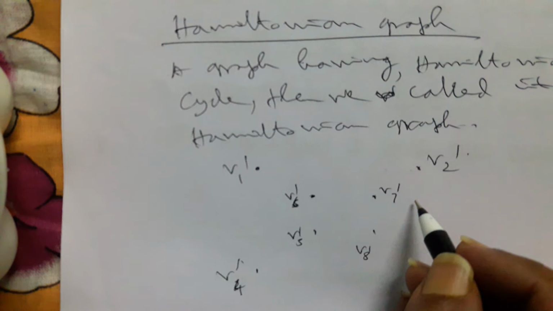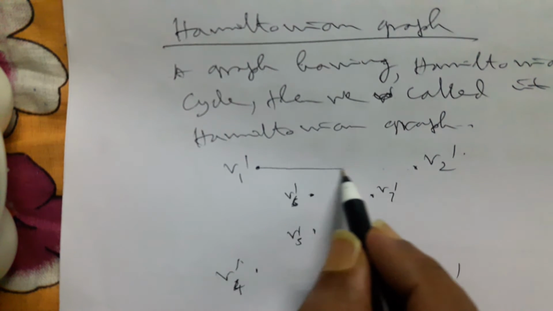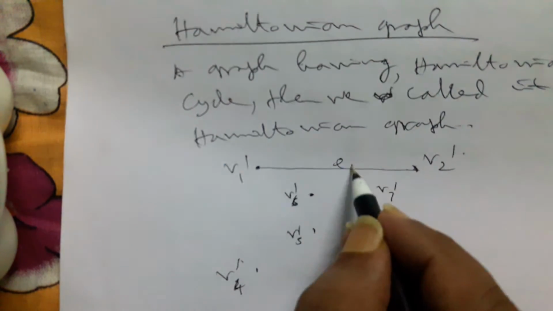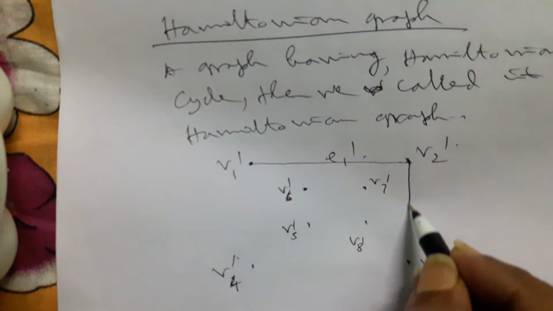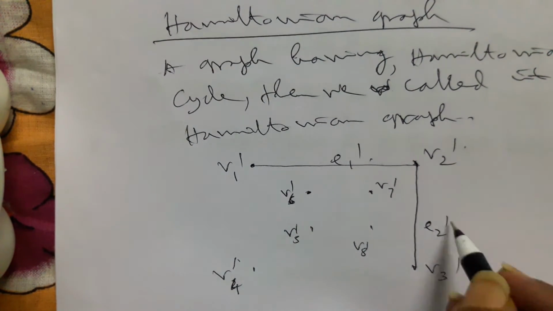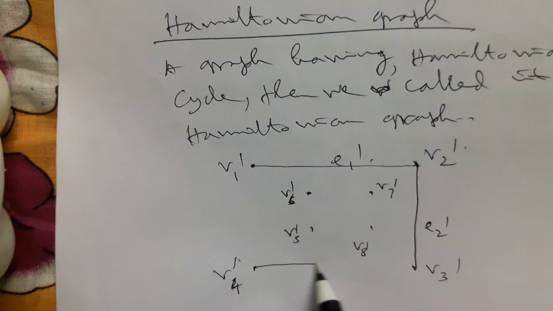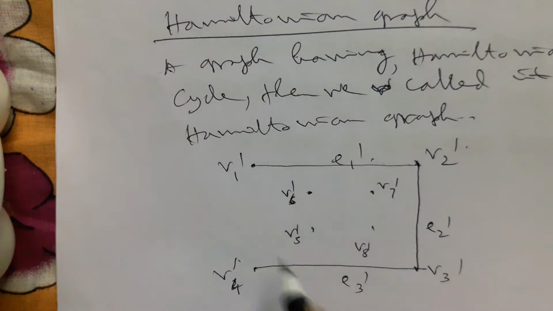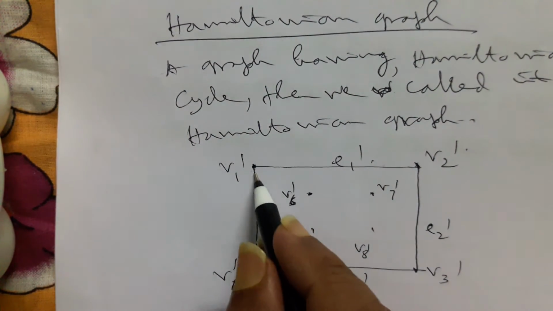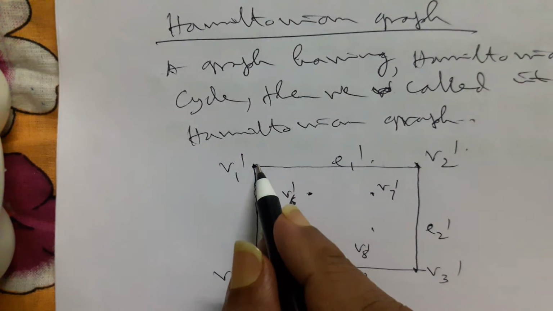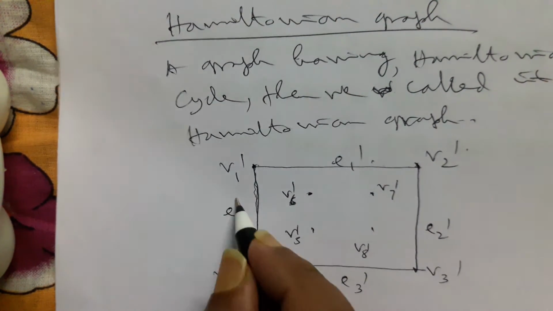Now if we join this in this way, E1 dash, then E2 dash, then E3 dash, here we join, that means incident with edges. Actually, join means incident with edges.